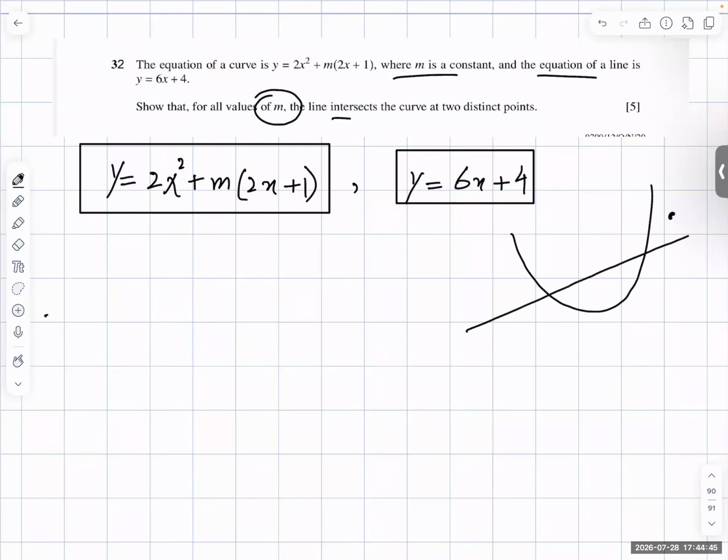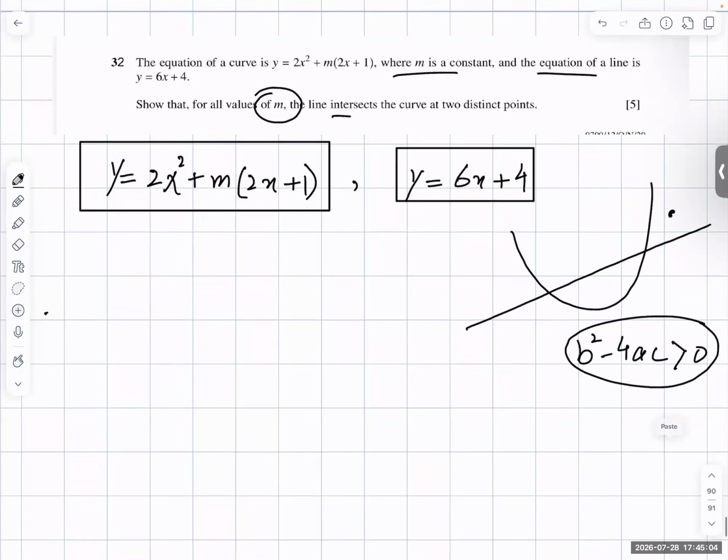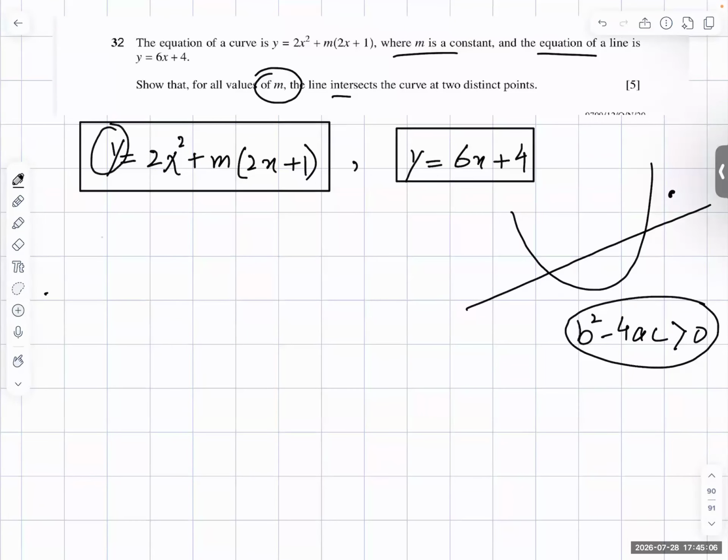So for intersection, we learned that b square minus 4ac must be always greater than 0. In the questions in which you have to prove this, b square minus 4ac greater than 0, we will simply substitute here. That is 6x plus 4 is equal to 2x square plus m into 2x plus 1, right?